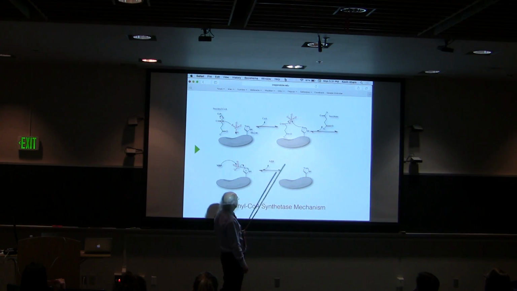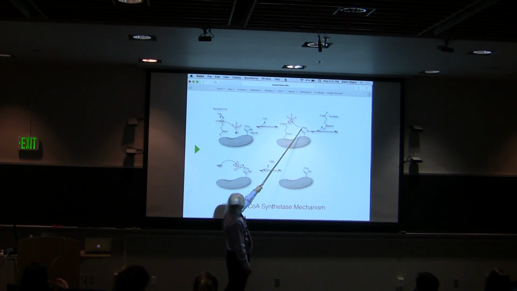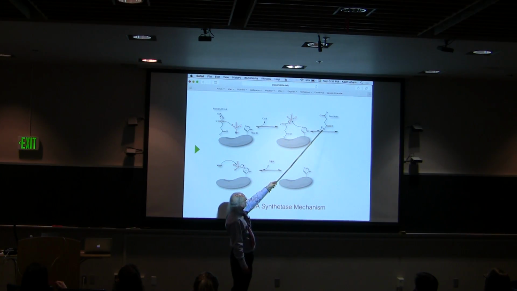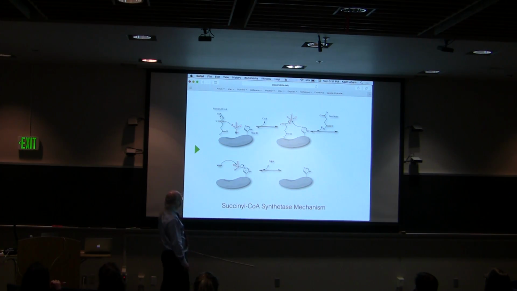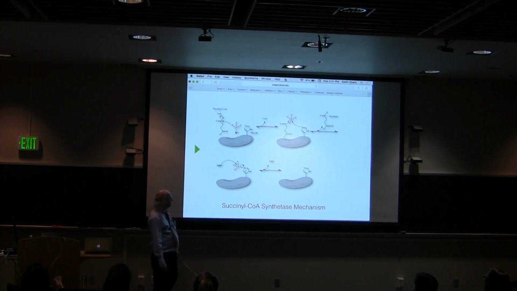The electrons here are seeking this phosphate, which is slightly positively charged. The result is the release of a succinate and the attachment of the phosphate here. The phosphate covalently attached gets removed by the NDP, which in this case is GDP, to make GTP, and then we're right back where we started.